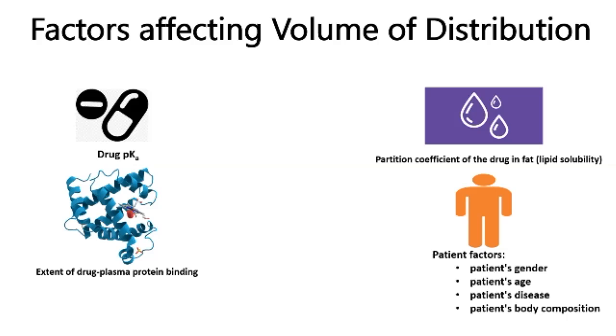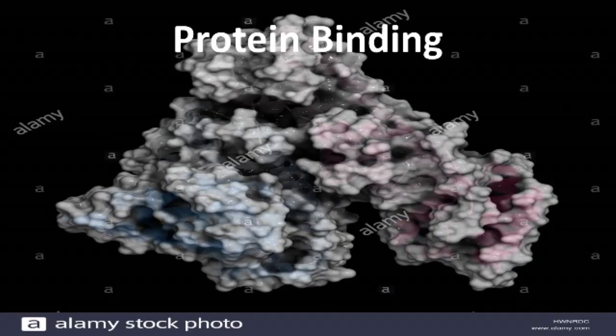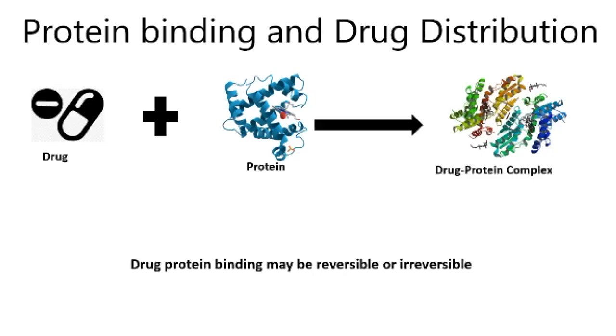They may have diseases or pathologies that will influence distribution. Gender, of course, male and female will have different phenotypes because of their sex, so that too is going to affect volume of distribution. Okay, so we're going to look at the effect of protein binding on patterns of drug distribution.